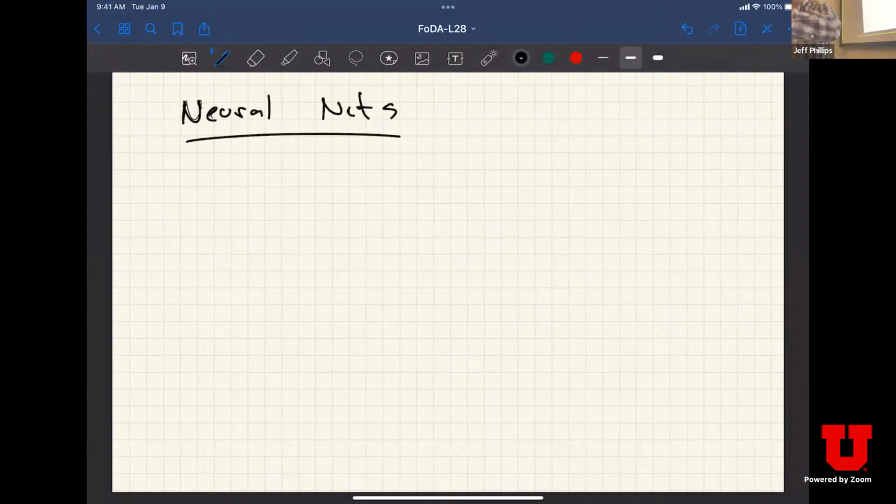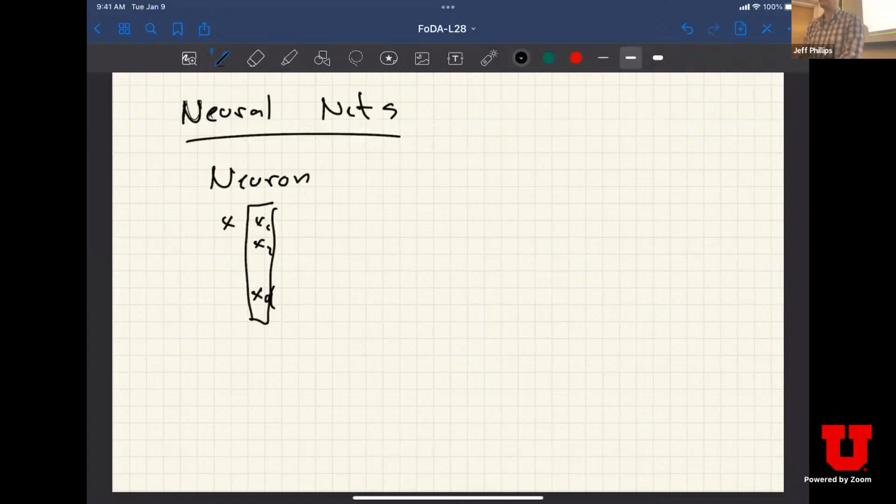Okay, so the first thing you need to know about a neural net is this idea of a neuron. A neuron takes in a vector x, say x1, x2, up to xd. Think of this as a vector, and each of these as values in the vector, so this is in R^d.